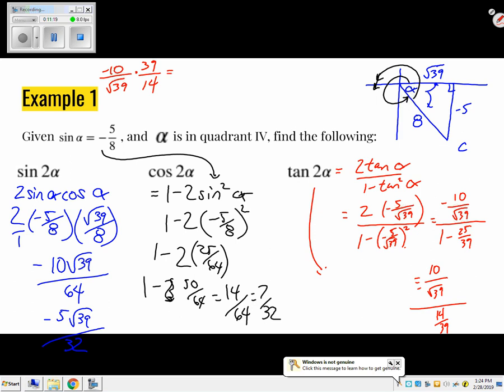You just want to work with the big numbers? Or you want to try to cancel? See, like, I can do 10 and 14. I can take a 2 out of both of those. And what's the square root of 39 divided by the square root of 39? 39 divided by square root of 39.